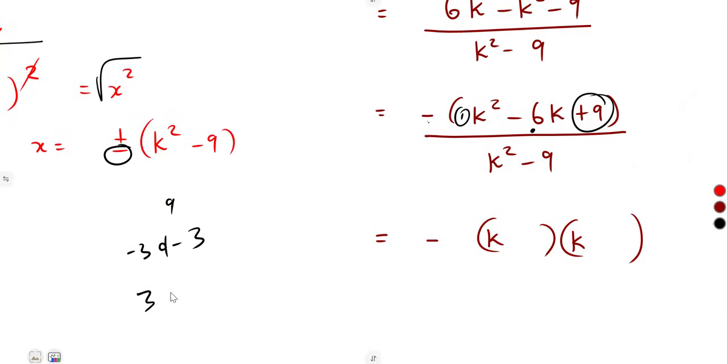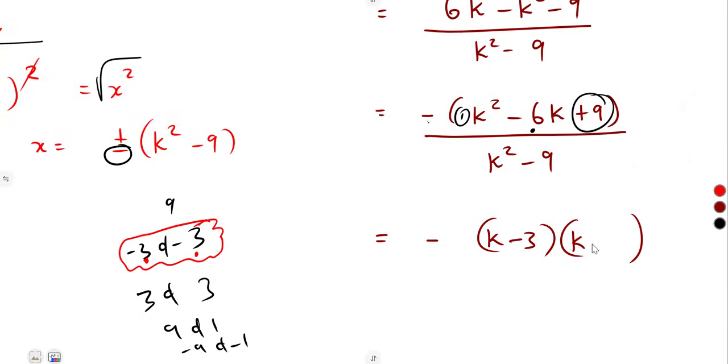There are so many factors of positive 9. But the one that when we add, we are going to obtain negative 6 is what? Negative 3 and negative 3. So this was going to be negative k minus 3 squared over what? k squared minus 9, a difference of two squares, where you need the square roots. Square root of k squared, that's k.